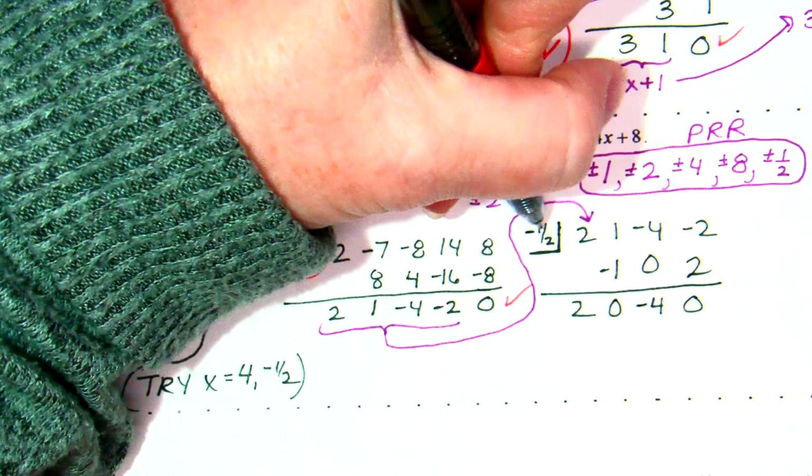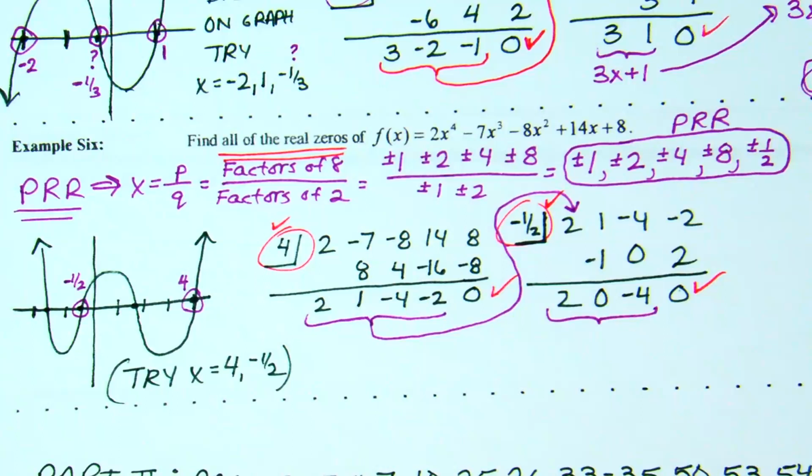Now here is the key to finishing this problem. What does this 2, 0, negative 4 represent? 2x squared minus 4? Because look at this. It was originally 2x to the 4th, so this becomes 2x to the 3rd, 2x squared.